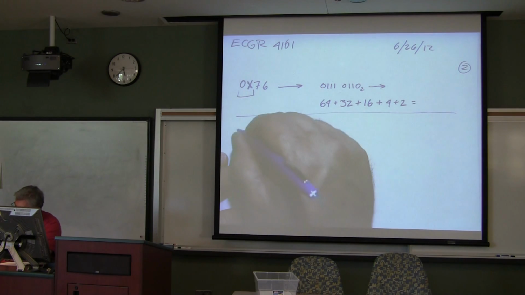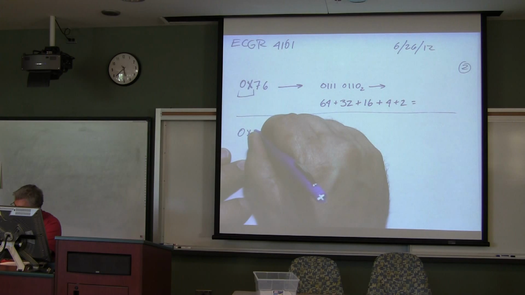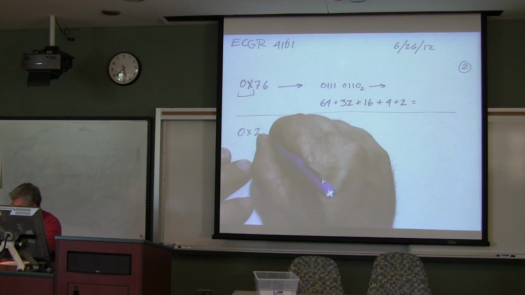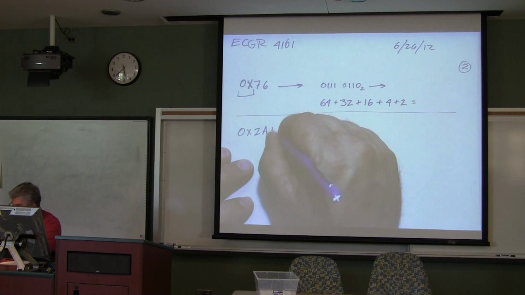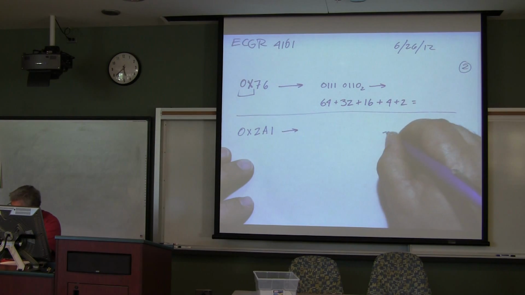All right. So your goal right now, let's practice this, is if I give you a hexadecimal number, hex 2A1, tell me what it is in base 2, tell me what it is in base 10.